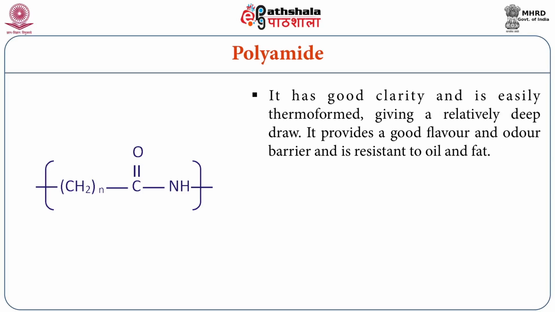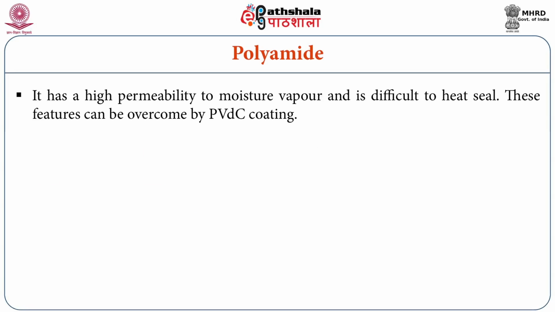It has good clarity and is easily thermoformed, giving a relatively deep draw. It provides a good flavor and odor barrier and is resistant to oil and fat. It has a high permeability to moisture vapor and is difficult to heat seal.